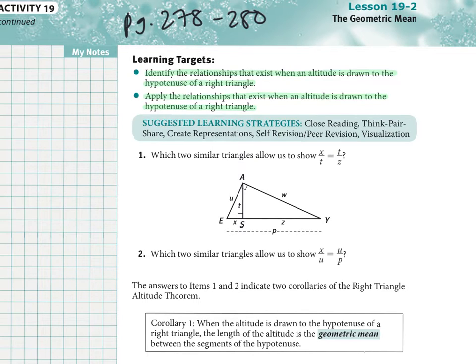So remember, building off of our last lesson, we can compare maybe a leg and a hypotenuse or a leg and a leg within one triangle, such as in a fraction form, and set it to another fraction form. Or we can compare the same triangle within each other, looking at the numerators versus the denominators. So either way works. Let's go ahead and start off looking at the fraction form.